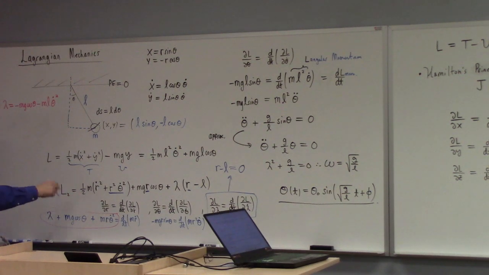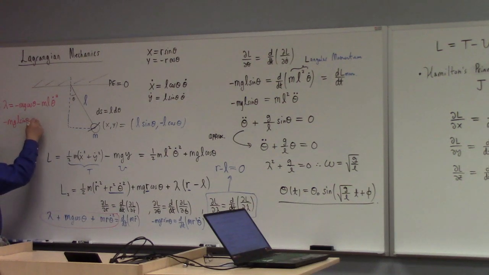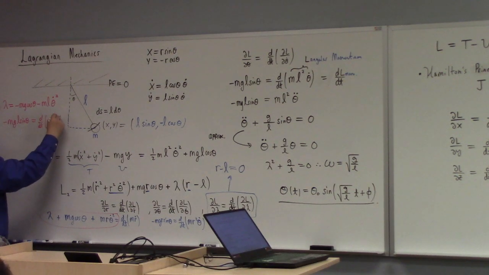And then that one gives me minus mgl sine theta equal to d/dt of ml squared theta dot, right?